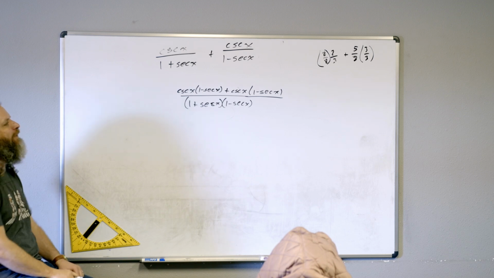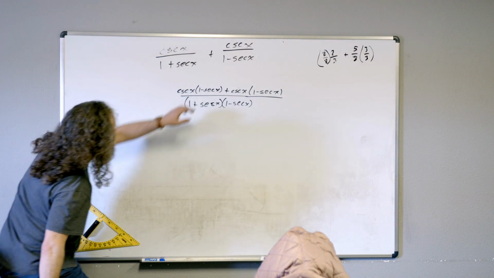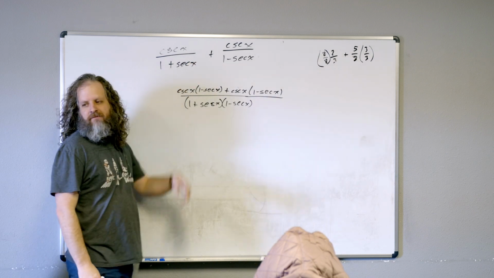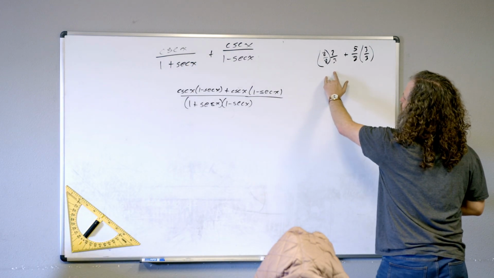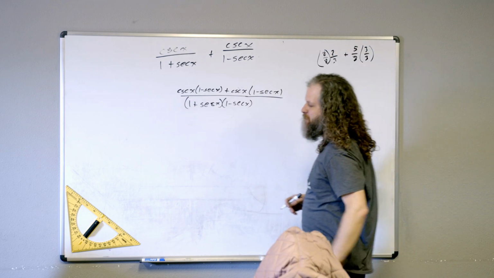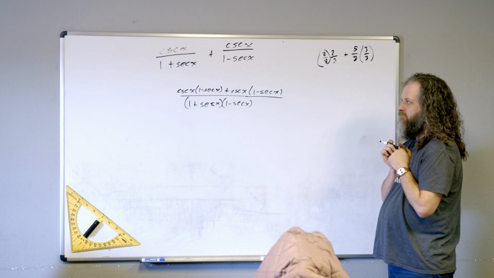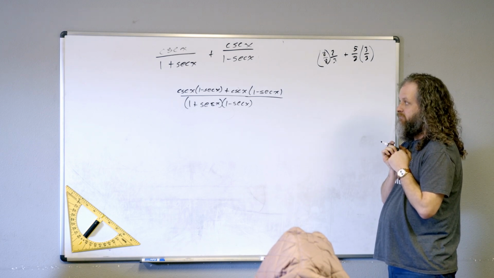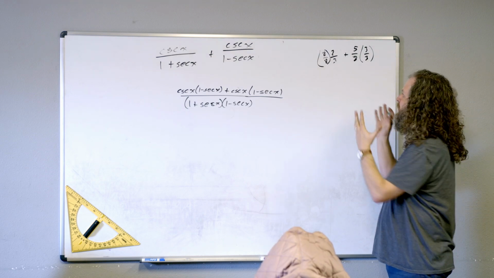They're added because of this. When you finish this out, the bottoms will be multiplied, and then this would be this one plus that one on the top. With the bottom, you just wrote it out once instead of splitting it and writing it out twice. We're trying to get it as one fraction.